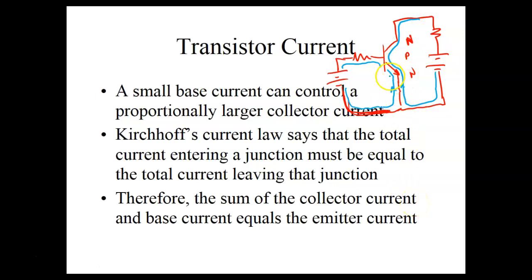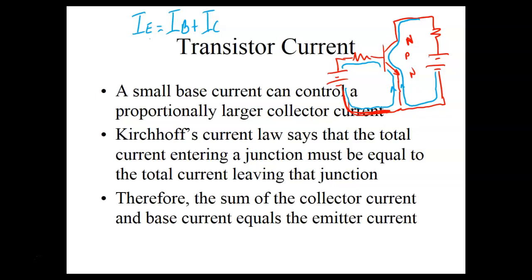The base current and the collector current flow through the emitter. So that means IE, where E is the emitter, is going to equal IB plus IC. So the emitter current is always the largest current in the transistor if it's operating correctly.